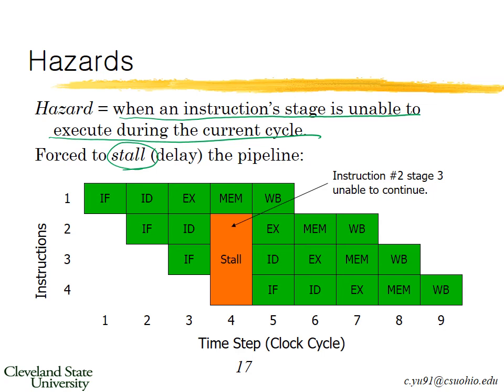But when the instruction is stalled one cycle, the following instruction has to be stalled as well because of the resource conflict. So this is a pipeline hazard.